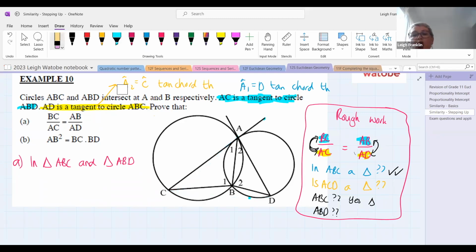Because that didn't work, we now try the letters top and bottom. So now if we're looking top and bottom, we've got the letters ABC. We know that ABC is a triangle. On the right-hand side of the proportion, we've got the letters A, B, and D. So we ask ourselves, is that a triangle? And we can see that it is. So that is how we identify the triangles we are going to work in.